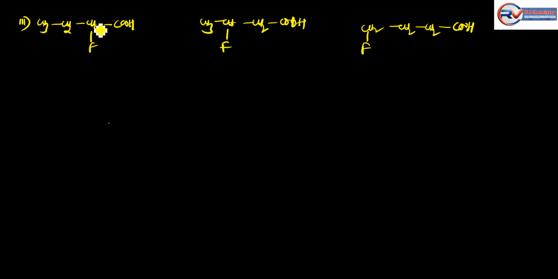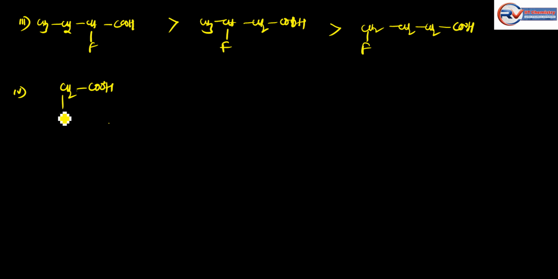It is 2-fluoro-butanoic acid, 3-fluoro, and 4-fluoro-butanoic acid. Which is more acidic? The 2-fluoro is more acidic. Why? Minimum distance of fluorine from the acid group. The 2-fluoro has the minimum distance, and the 4-fluoro has the maximum distance from the acid group. So the minimum distance gives the maximum acidic. It's based on distance.